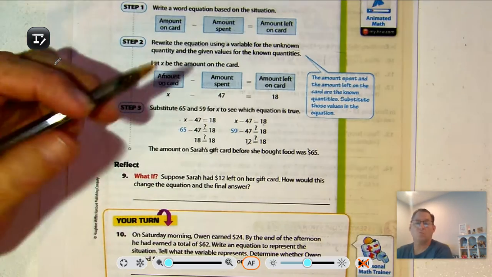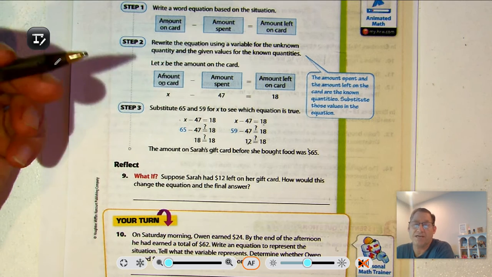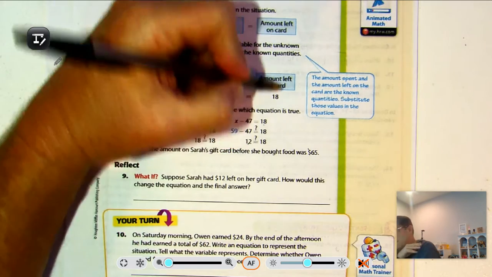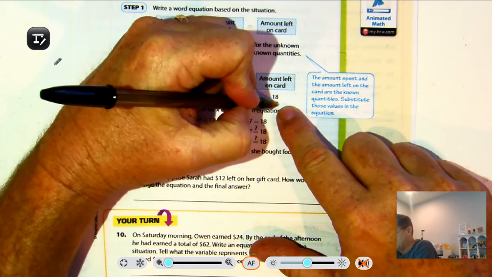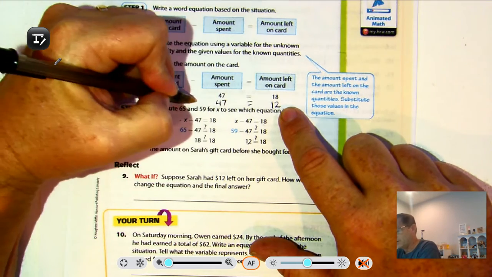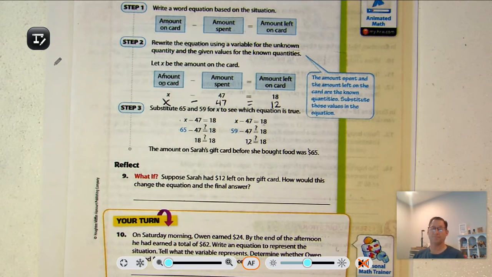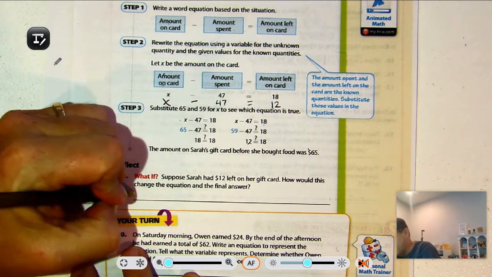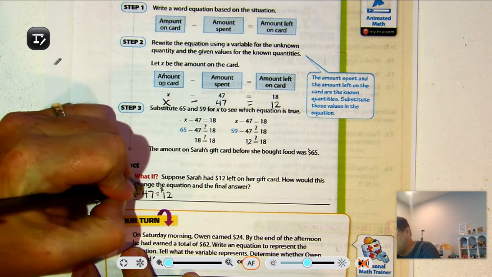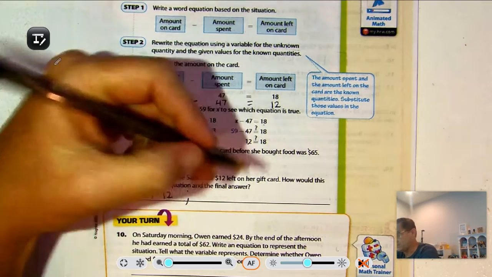All right, so what if? Suppose Sarah had $12 left on her gift card. How would this change the equation and the final answer? So what they're basically saying here is instead of 18, let's change that to 12. Well, she still spent $47, and we still need to see how much is on the gift card. So the equation would be X minus 47 equals 12. And what would be the answer?